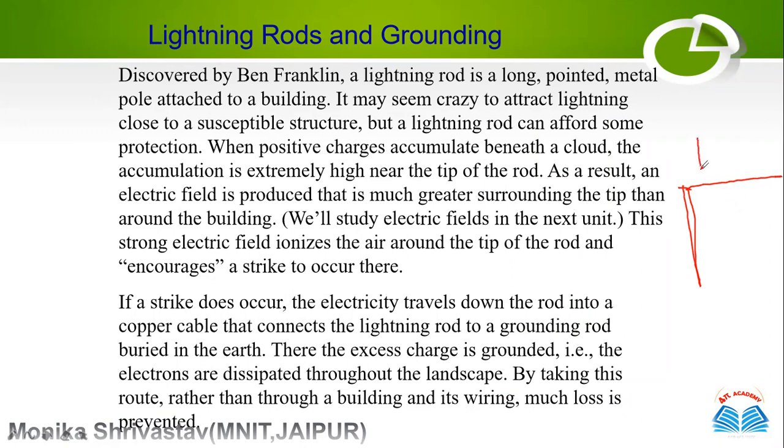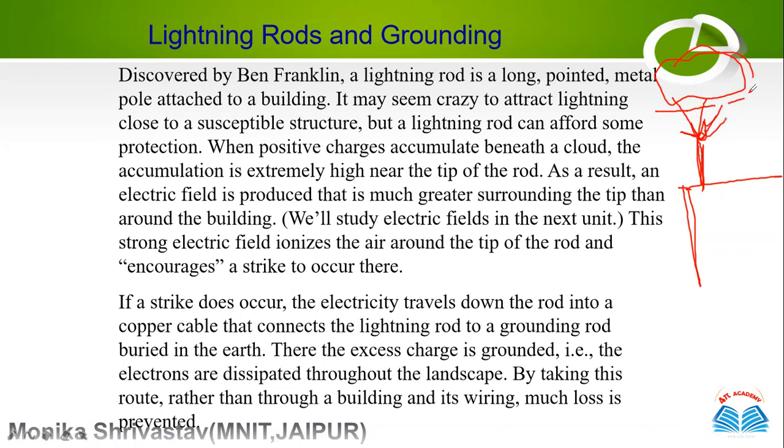They put a rod of mixed metal on the top of that building, and when the clouds are polarized and the lightning wants to come to the ground, there is a sharp point on this rod, and that point attracts all those charges.